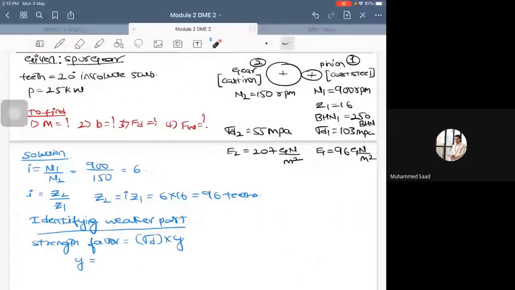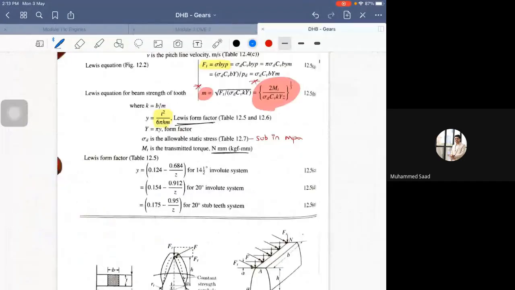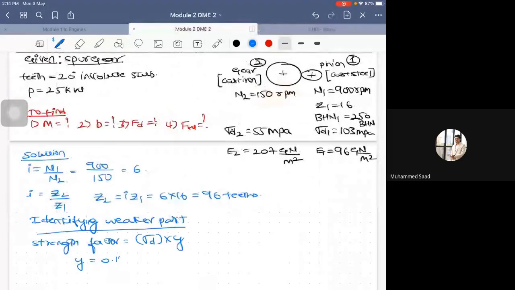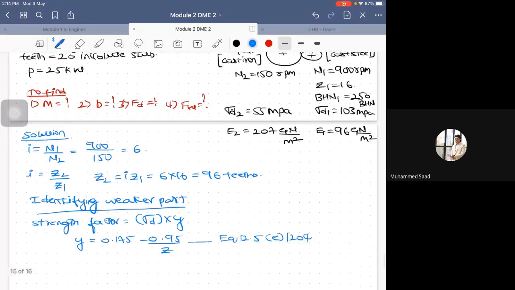It says 0.175 minus 0.95 divided by Z. So this equation you have taken from equation number 12.5E on page number 204.